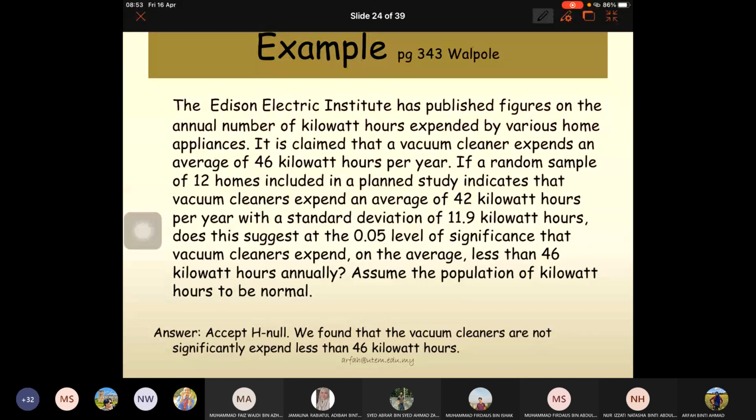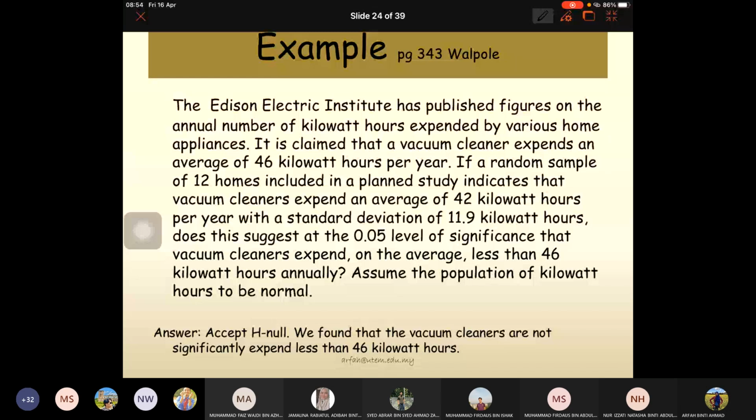So, if a random sample of 12 homes included in a planned study indicates that the vacuum cleaner expends an average of 42 kilowatt hours per year with a standard deviation of 11.9 kilowatt hours, does this suggest at the 0.05 level of significance that the vacuum cleaners expend on the average less than 46 kilowatt hours annually? Assume that the population of kilowatt hours to be normal.